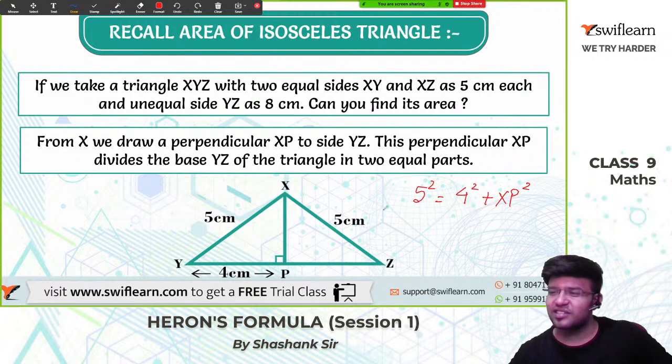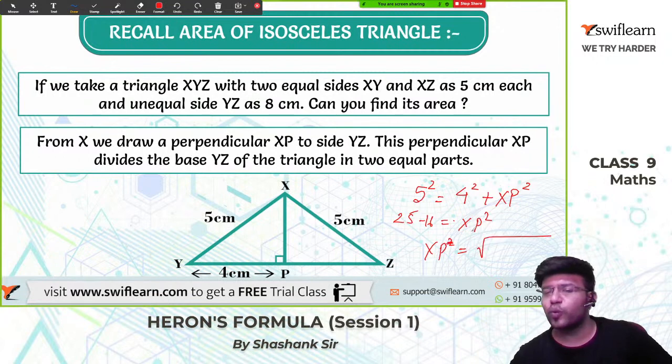This is a common right triangle. So 5 5s are 25, 4 4s are 16, so minus 16, which is XP square. XP is equal to square root of 25 minus 16, which is 9. So square root of 9 is nothing but 3 centimeter.